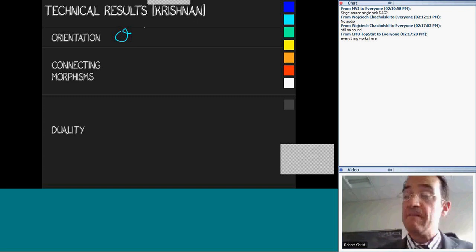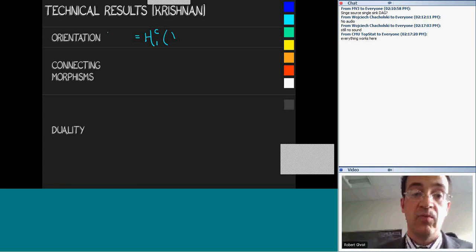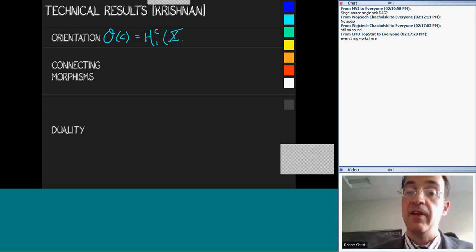It has the following local topology. Oh, I forgot to write that the orientation sheaf evaluated at an element of the graph is going to be a local homology.